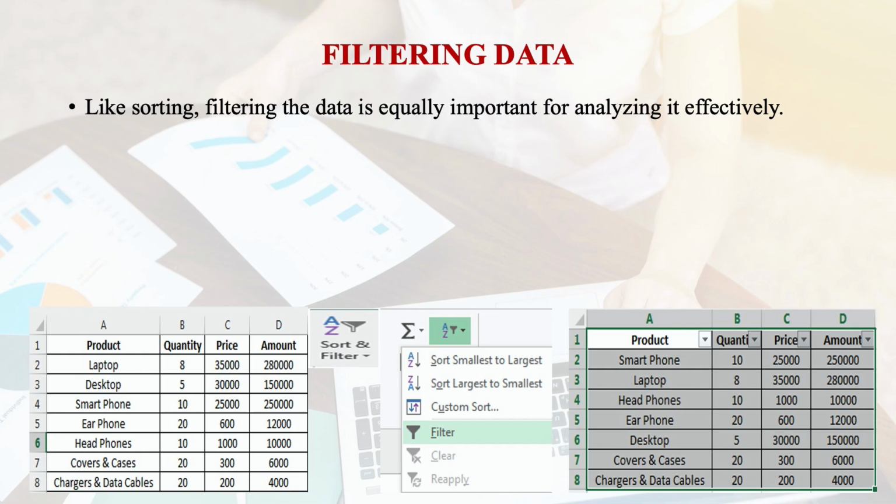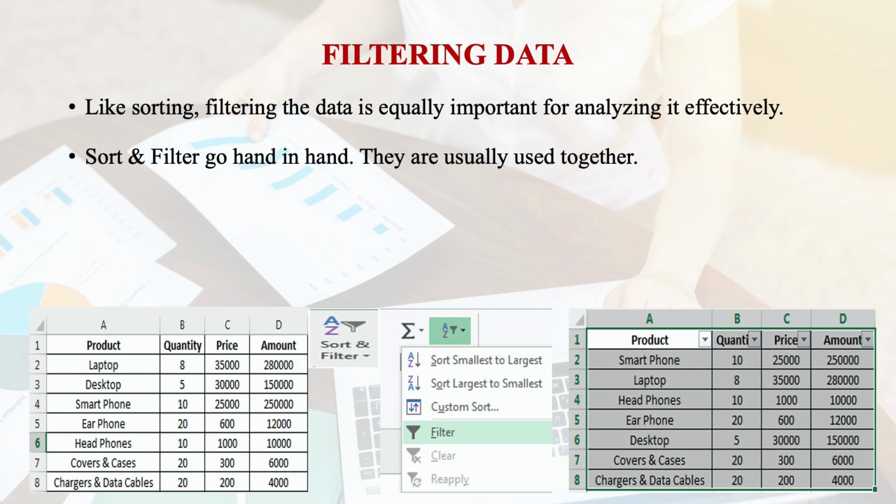Now many times you need to filter data, you want to focus on a particular type of data, so the filtering option is also available. Like sorting, the filtering of data is very important in analyzing the data effectively. So sorting and filtering go hand in hand, that is, they are usually used together.